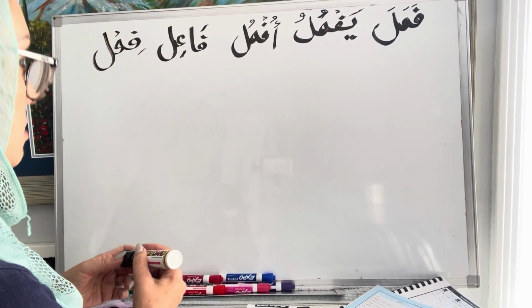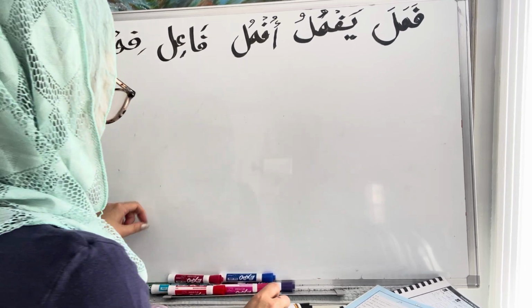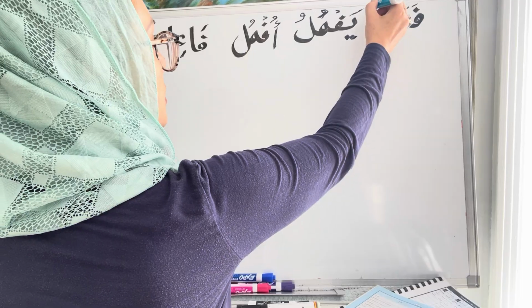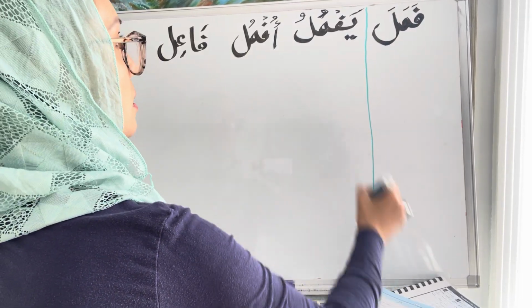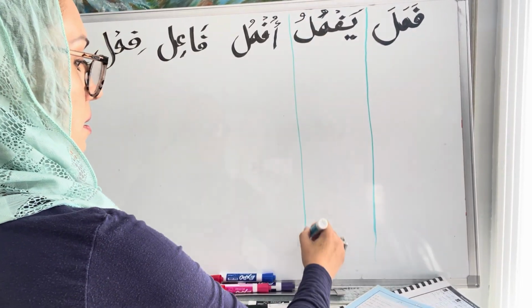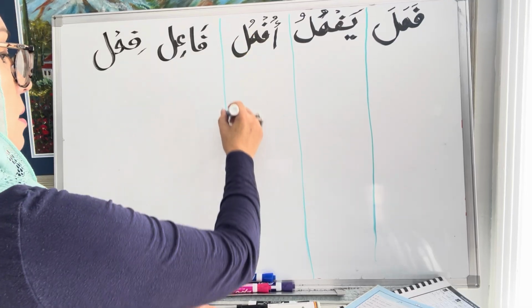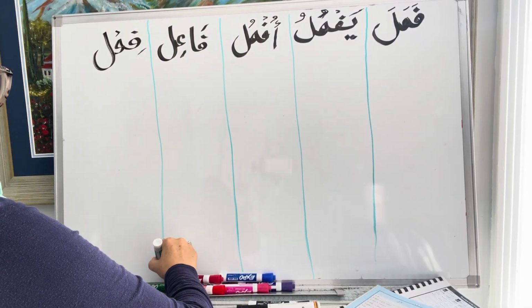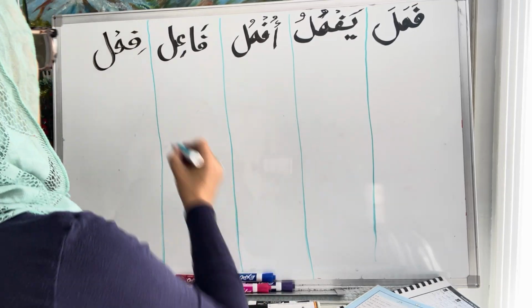All right, I'm going to go ahead and separate this and draw our lines so we know what's going on here. If you're kind of new here, we did this yesterday.